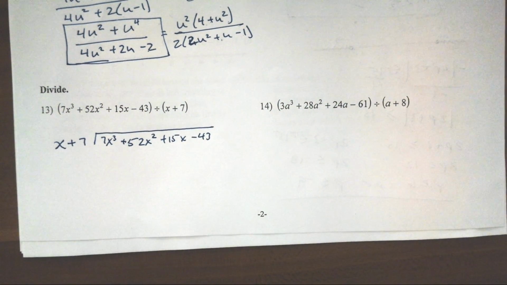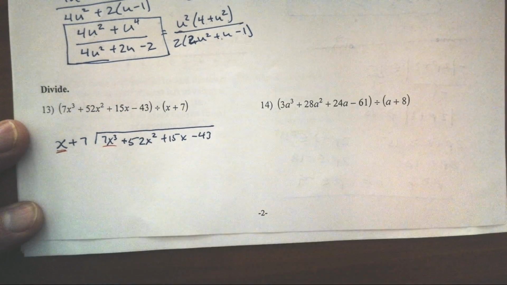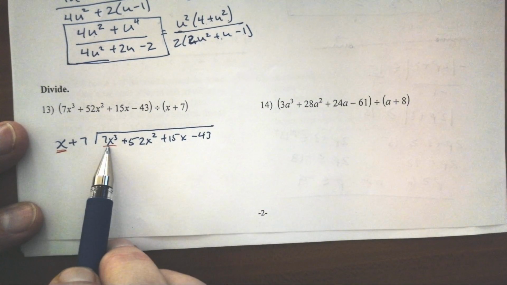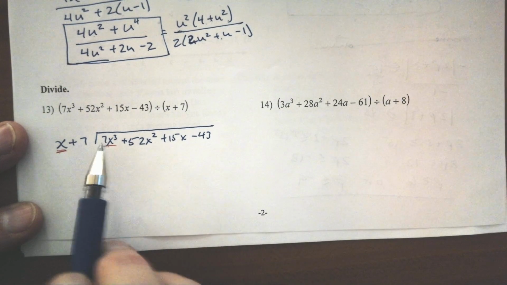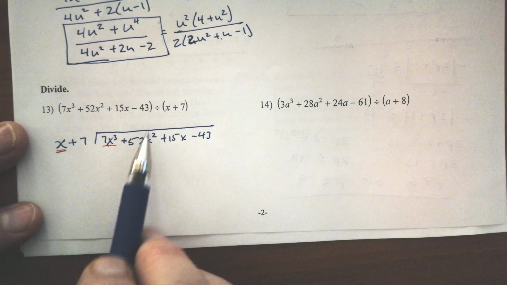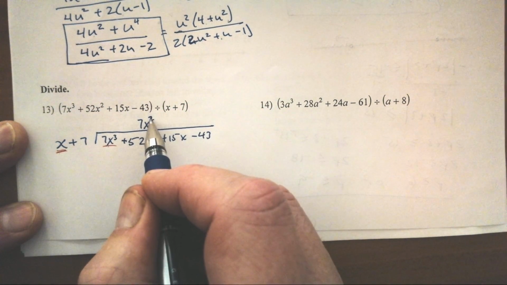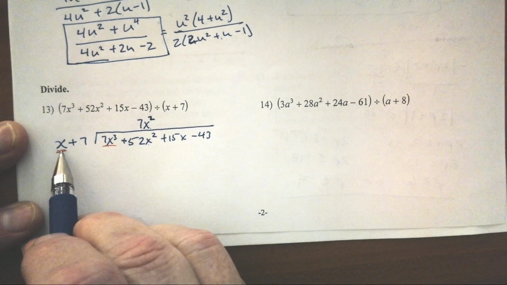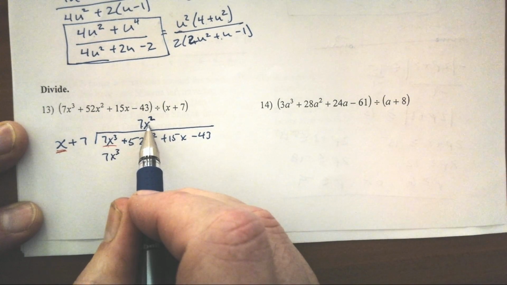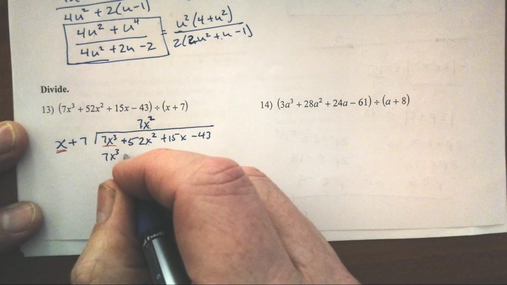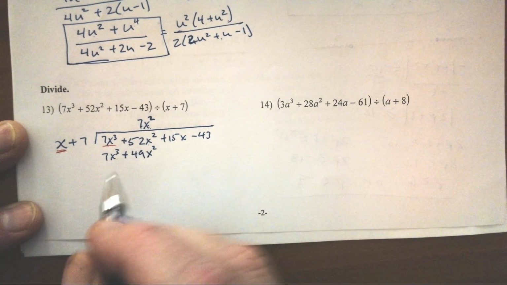And now we're to long divide, and all I'm going to focus in on is this right now. X times what is 7x cubed, 7x squared. Since it's squared, I'm going to put it over my squared column. 7x squared times x is 7x cubed. 7x squared times 7 is plus 49x squared.